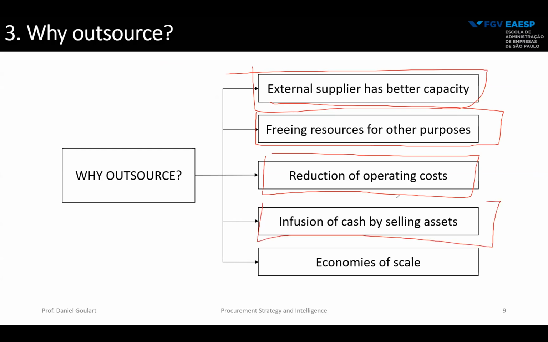Why outsource? Also, because it promotes the infusion of cash by selling assets. Again, you increase liquidity. And economies of scale. As soon as you outsource a bunch of activities, you can increase the bargaining power that you have against your supplier.